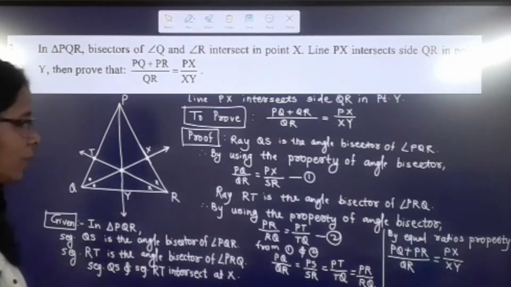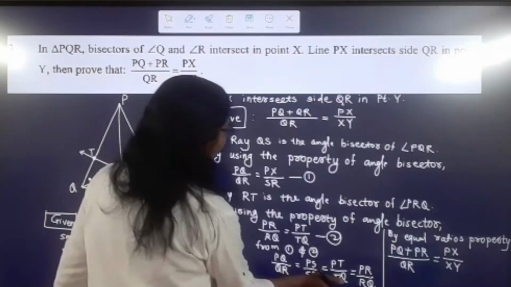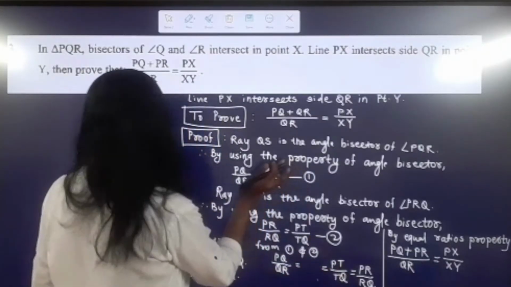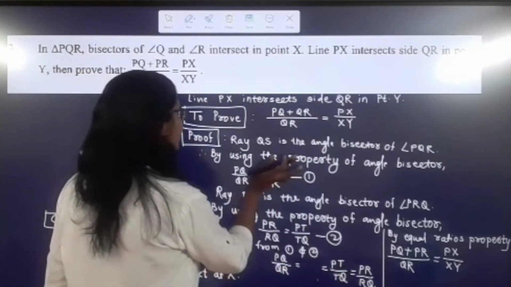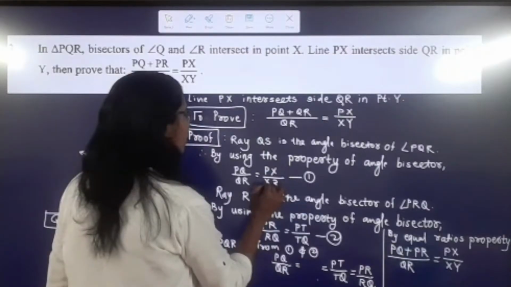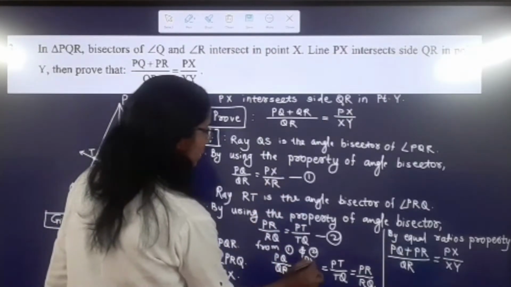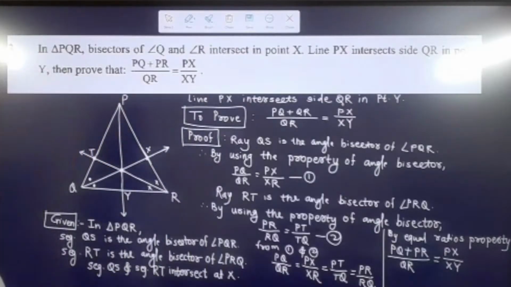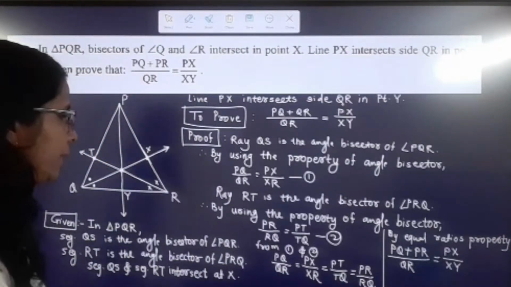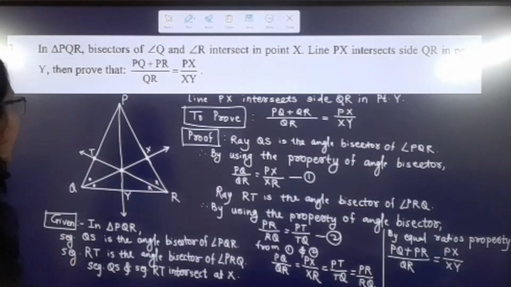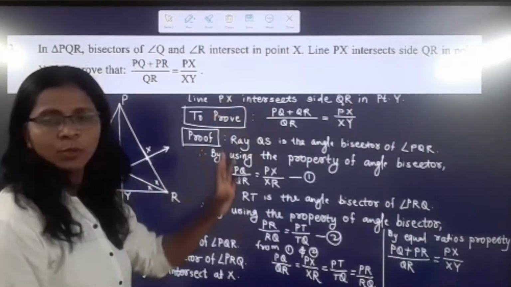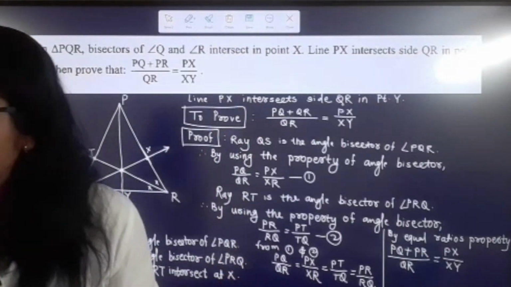So here we write down PX upon XR, and then here we write that XR is nothing but the XY. So here we say that PX upon XY. Okay, the similar ratios.